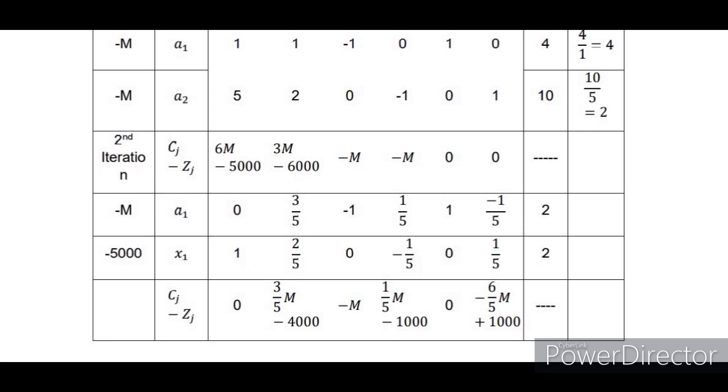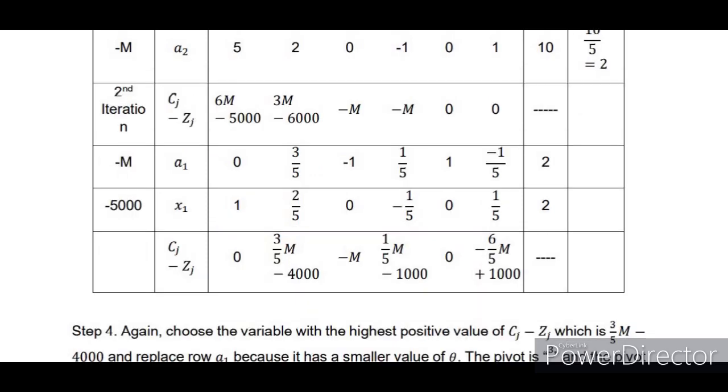So 0 plus negative 5,000 is negative 5,000. That negative 5,000 we will subtract from the value corresponding to x sub 1 in this column, which is negative 5,000. So negative 5,000 minus negative 5,000, so it will be plus 5,000, because of the double negative. Negative 5,000 plus 5,000 is equal to 0.